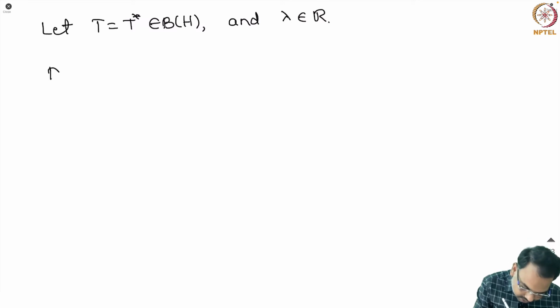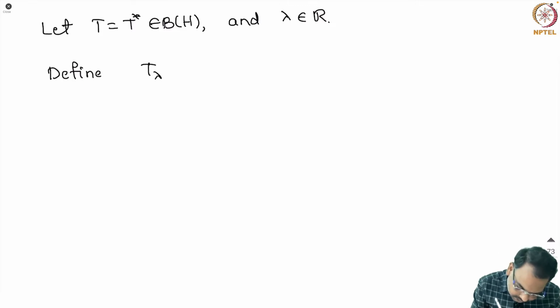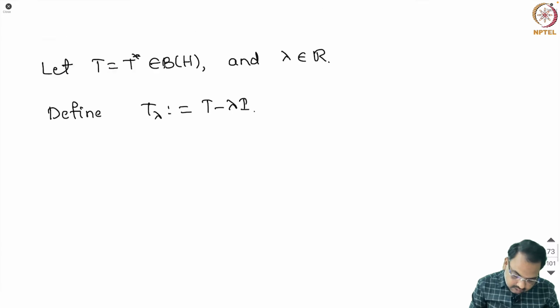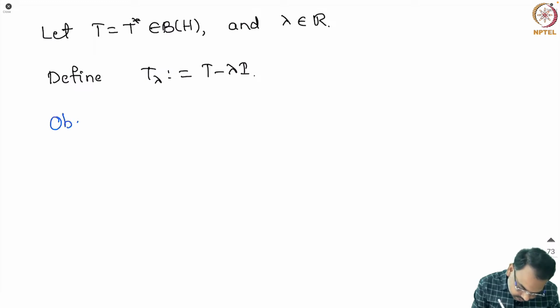Let us define T suffix lambda as T minus lambda I. Then we can define T lambda plus and T lambda minus in the usual way. Let us also quickly recall some observations.